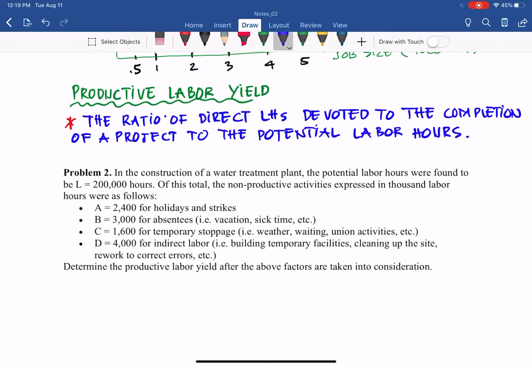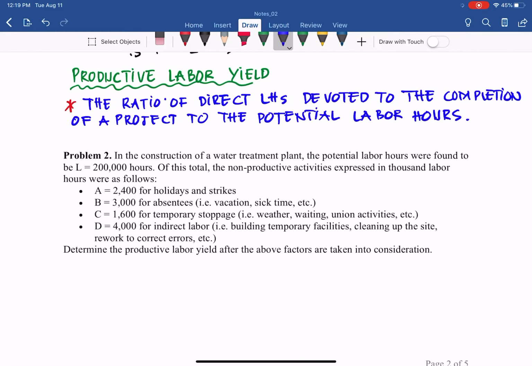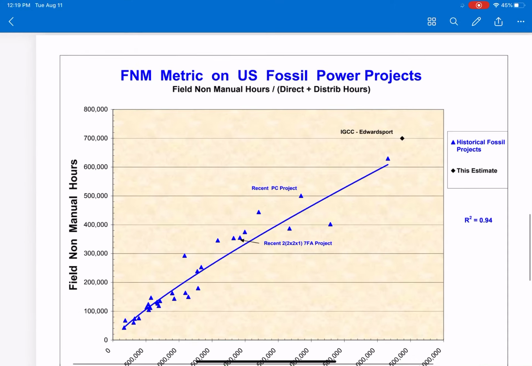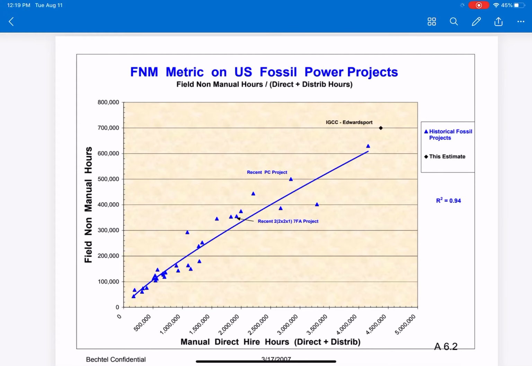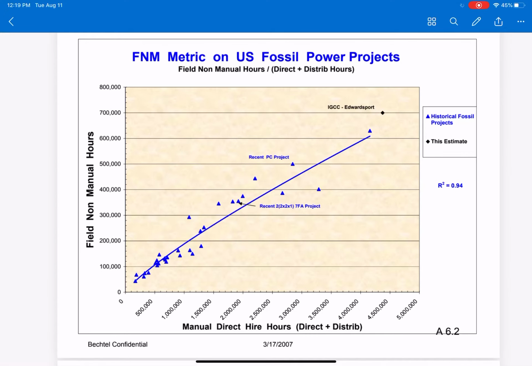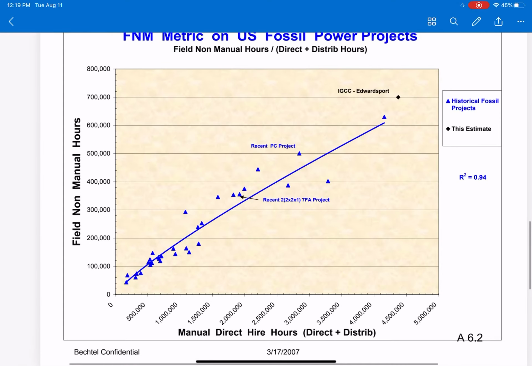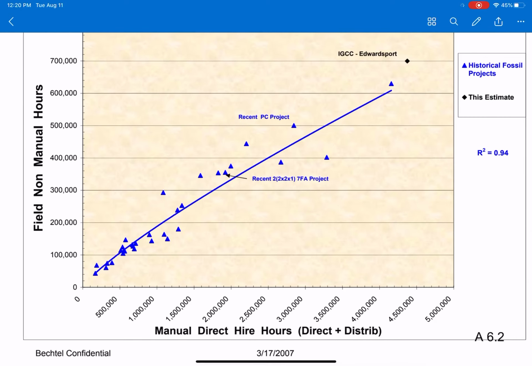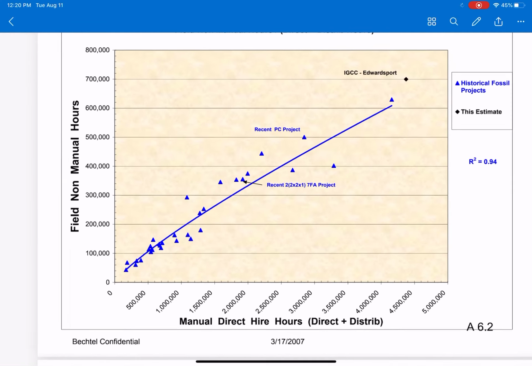To show you that perspective before we work on problem 2 here, look at the project shown. For this power plant project, with the multiple projects that they do for this company, you can see the relationship between the direct hours on the horizontal, which ranges from 500,000 hours to 5 million hours, and the non-manual hours, basically indirect hours.